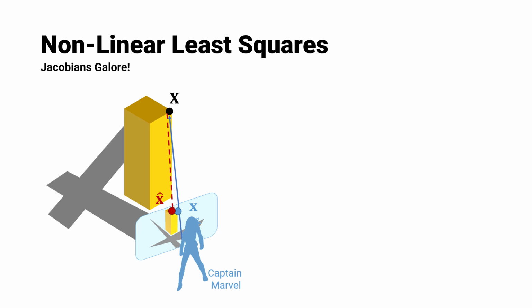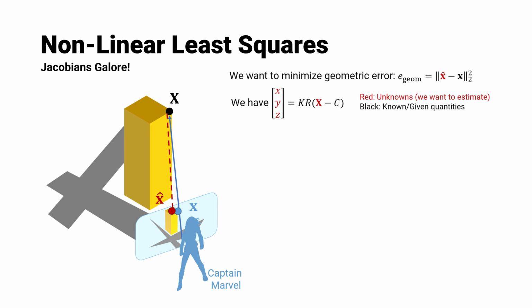So we essentially want to minimize the geometric error. The geometric error e_geom is defined as follows. We basically have a point which we detect through SIFT, and in this particular case it's x, and the Captain Marvel is looking at this point of that world point which is detected by the SIFT feature. And depending on our estimate of the world point, we can also back project it into the image plane.